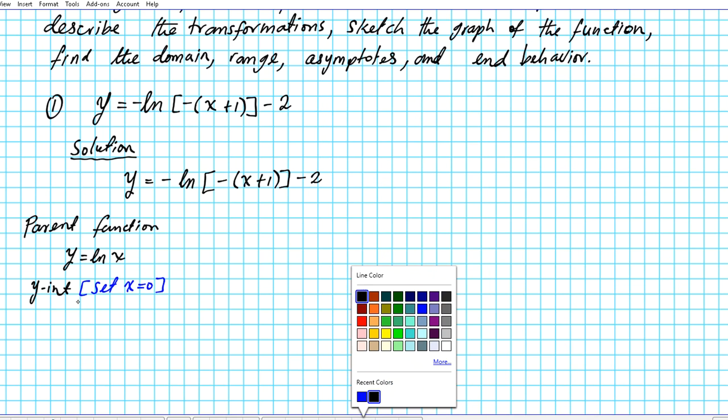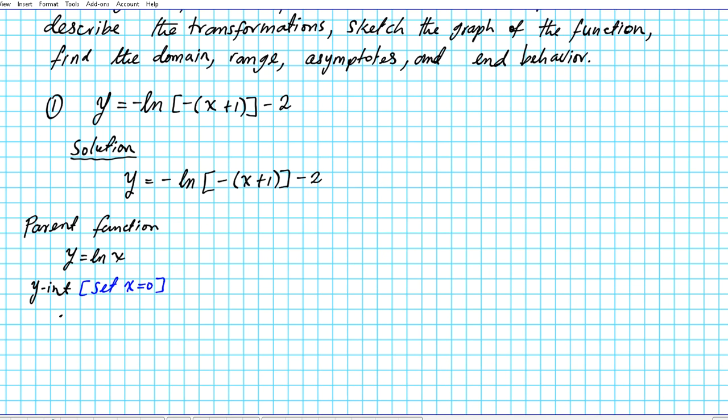So we are going to have y equals the natural logarithm of 0. And the natural logarithm of 0 is undefined. If we think about the domain constraints of the natural logarithmic function, it's anything bigger than 0. So this is undefined. That basically tells us that we have no y-intercepts. So the y-intercept is none.